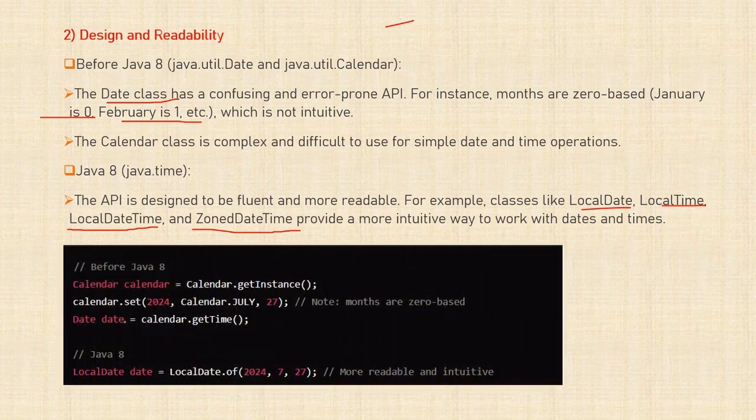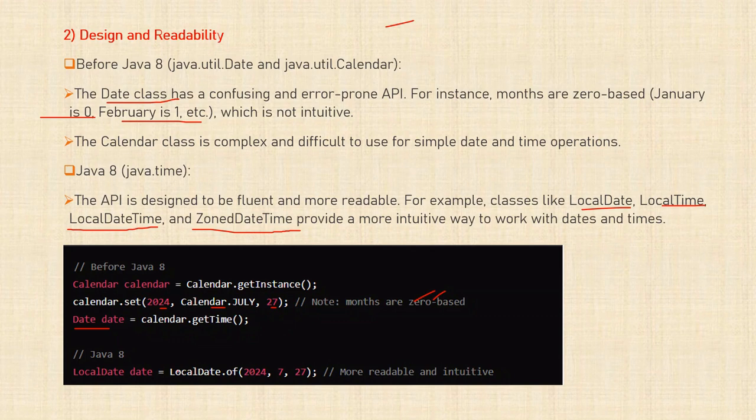So before Java 8 and in Java 8, how can we create a date? Before Java 8, we have the Calendar class and the Date class. Here we created a new instance with Calendar.getInstance and used calendar.set, setting the year, month and date. Months are zero-based, so zero is January and one is February. Then date equals calendar.getTime, and if you print the date, you will get the date.